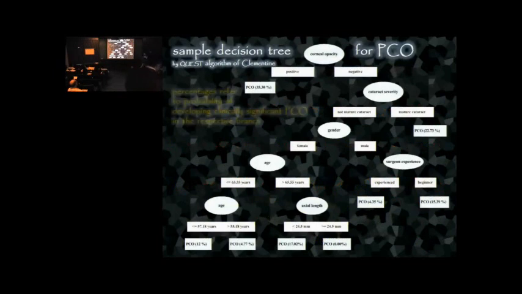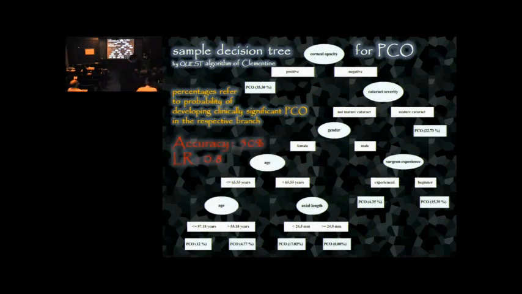Well, this is the sample decision tree that we succeeded to develop. And as you see, we used the algorithm called QUEST algorithm by the software Clementine. There are lots of data mining softwares that especially engineers are well versed with.